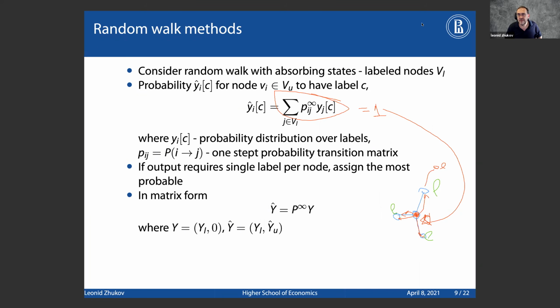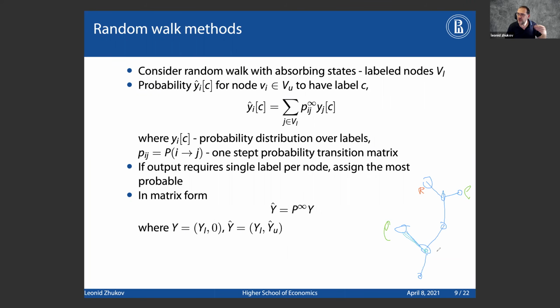But if, for example, the nearest neighbors include a green label here, a green label here, and then a red label here, and we consider random walks starting from this node, this random walk will end up on the green side and contribute to the probability of it being green.